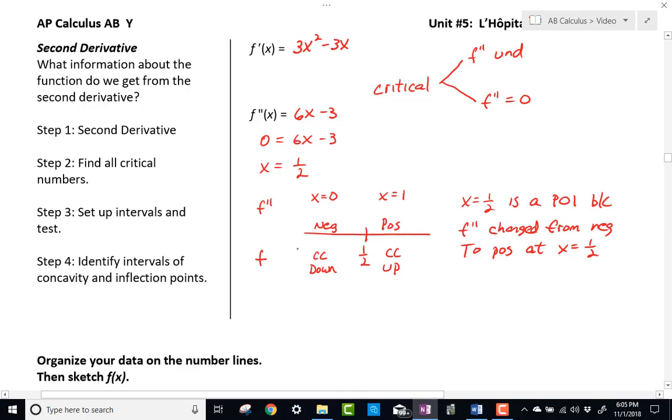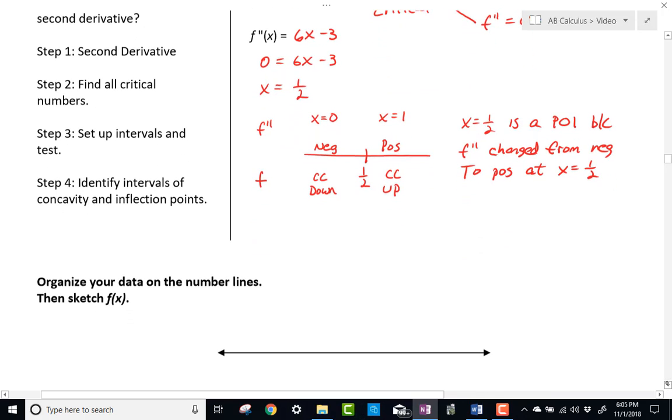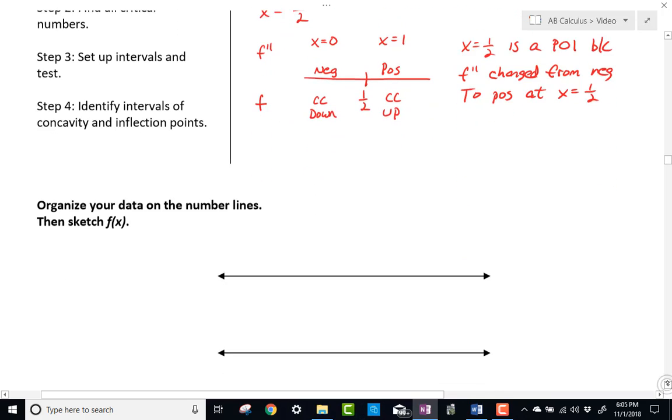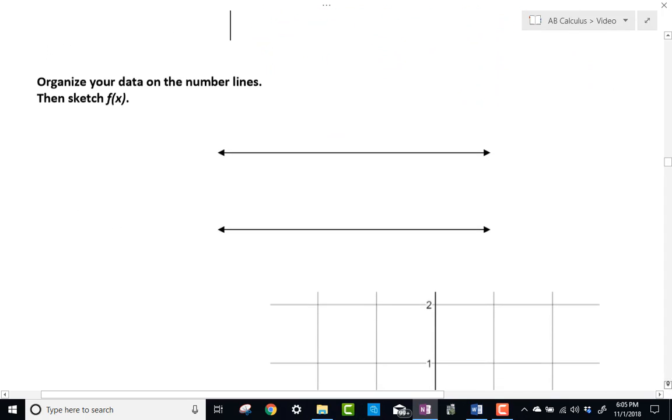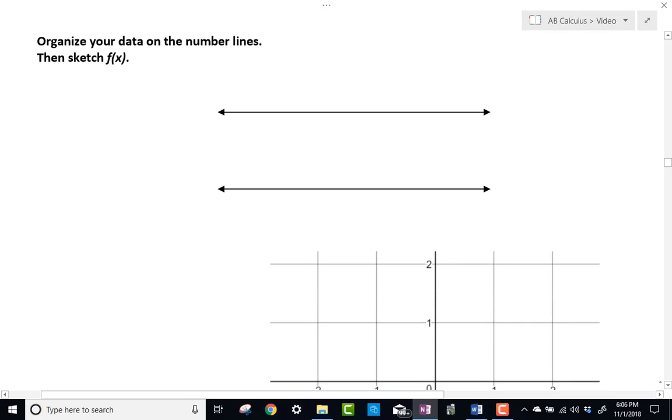All right, so we have all this information floating around on these 2 pages, and now we're going to put all this information together and see what it's telling us. We're going to organize our data on the number lines below. I've got 2 number lines this time, and I'm going to put 0 on the first number line and my 1 over here, and then on the other number line, 1/2 would be right in the middle.